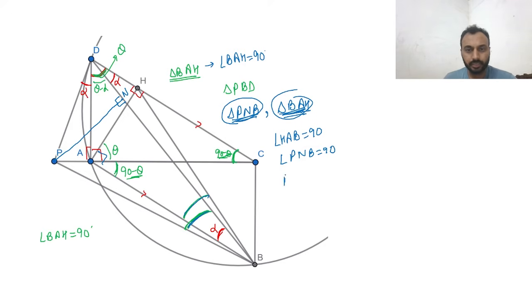So we try to prove that PN by NB, this ratio, is equal to HA by AB.